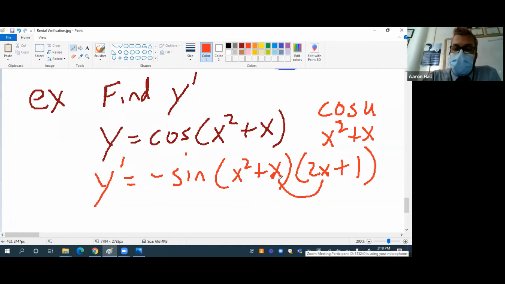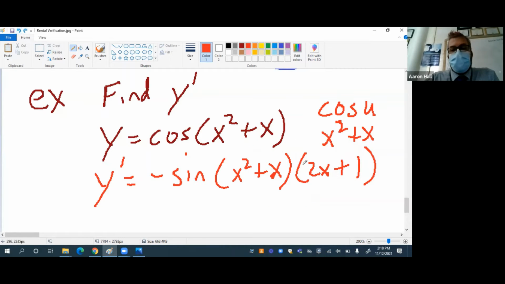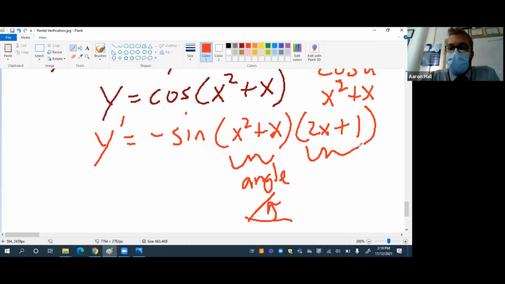Can I distribute this? Why can't you? Yeah, this is an angle. That's a measure of a rotation. And this is a length.